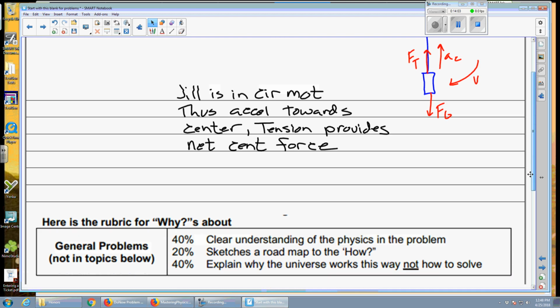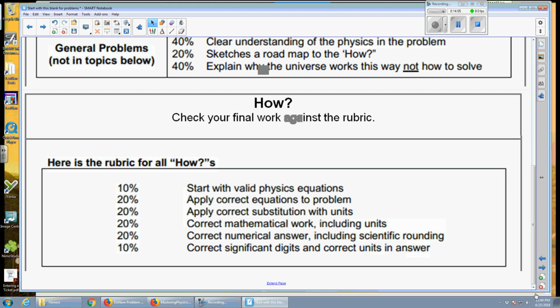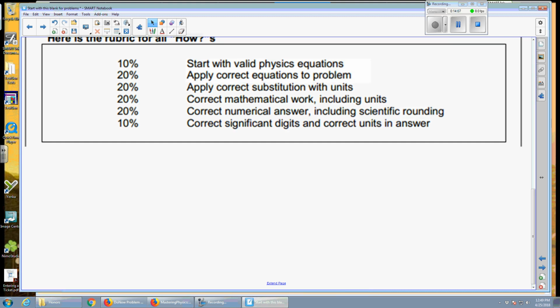Alright. So, let's see. Newton's second law. Centripetal acceleration is related to speed and radius.